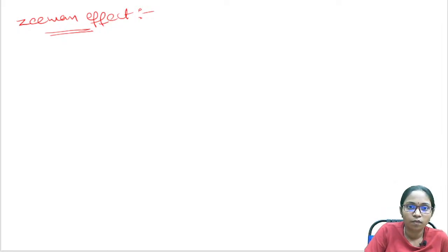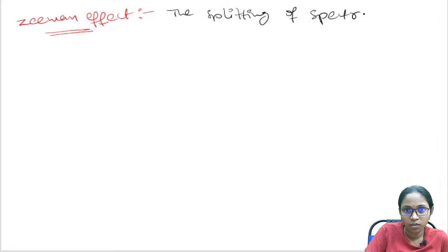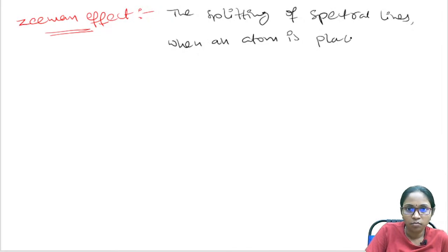What is the Zeeman effect? It is the splitting of spectral lines when an atom is placed in a magnetic field.